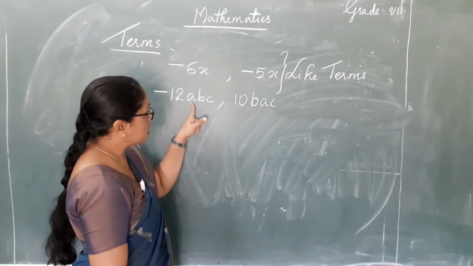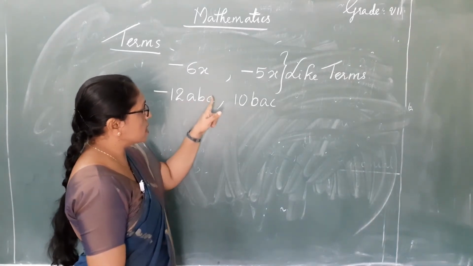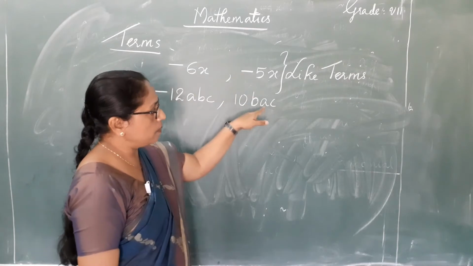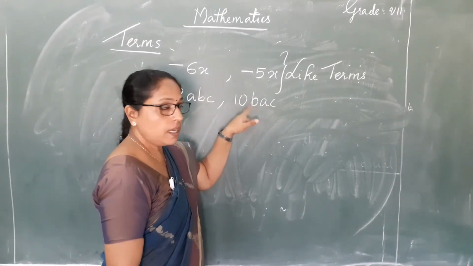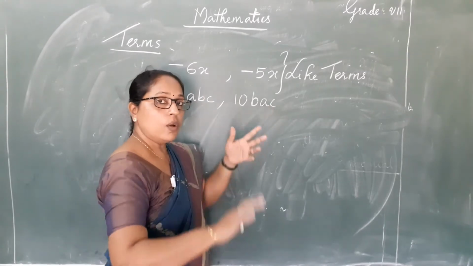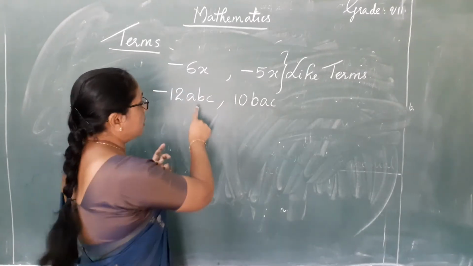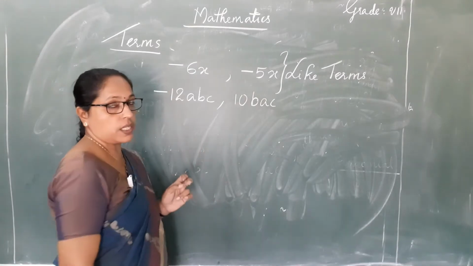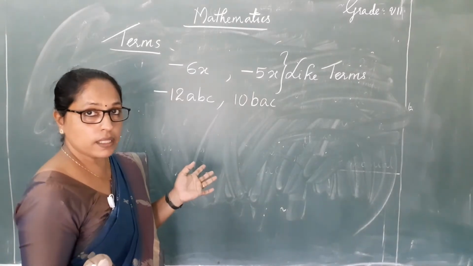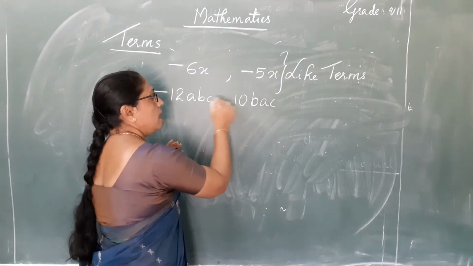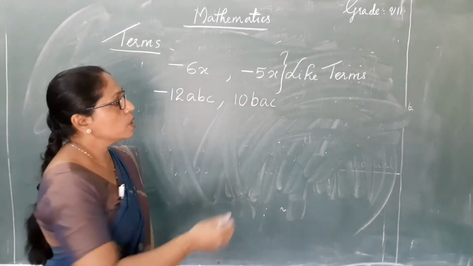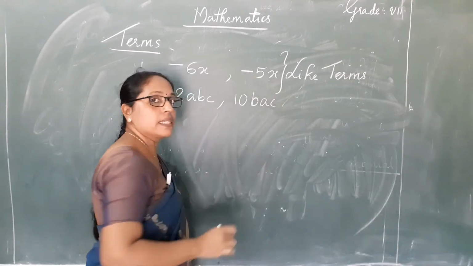So literal coefficients here are A, B, C. Check the other term. There we can see A, there also we can see B, and there we can see C. Only thing, the order of the literal coefficients is changed. But order doesn't matter. We have to check that the literal coefficients are same in both the terms. So this is also a like term.